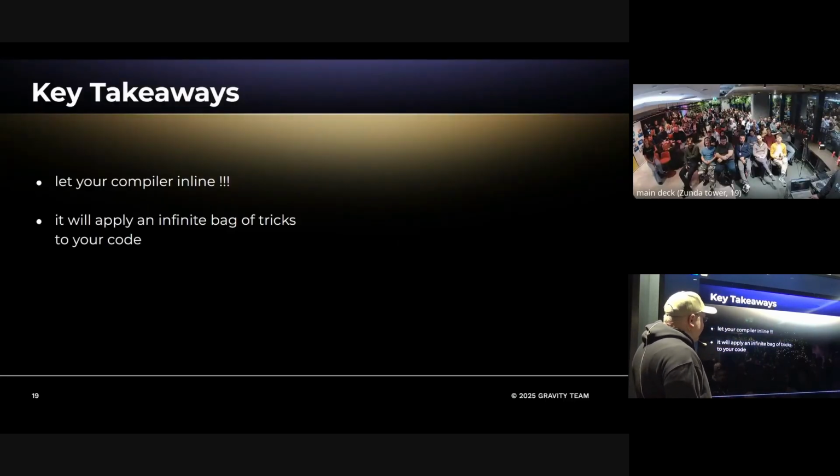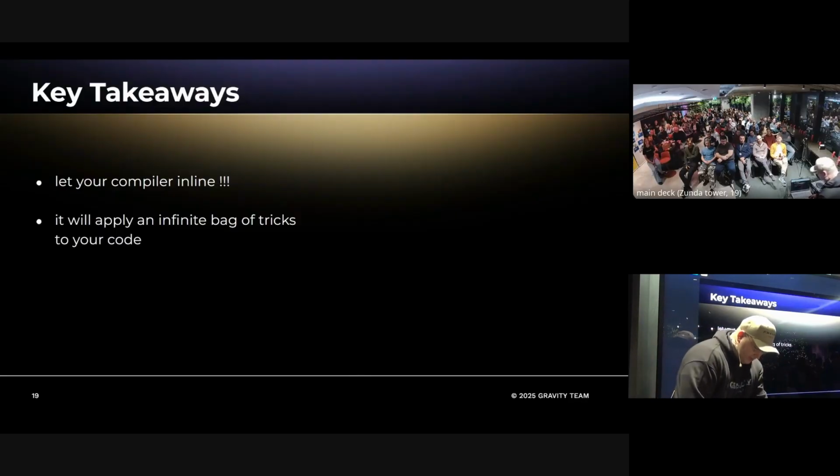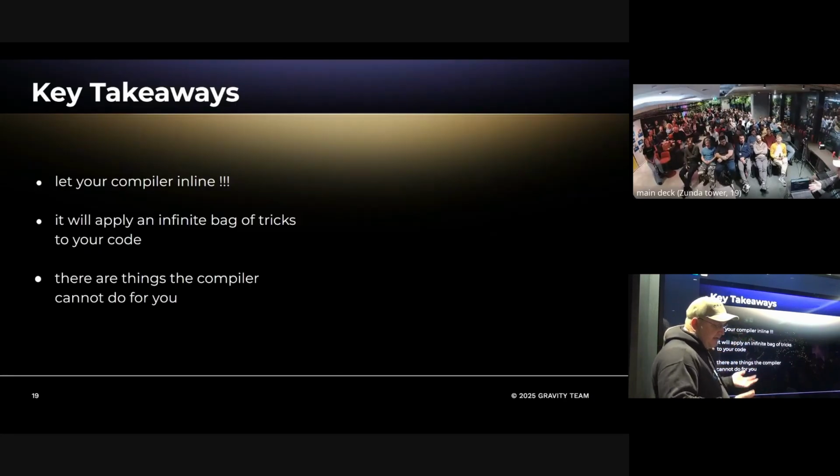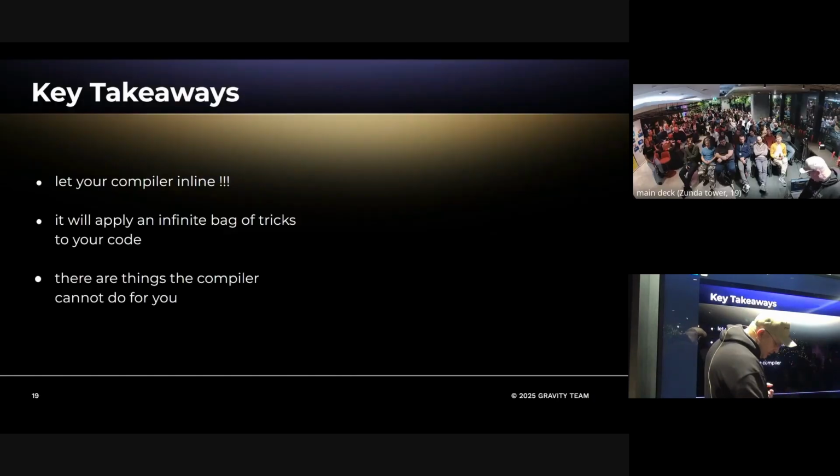Key takeaways: let your compiler inline. If you let it inline enough, it's going to apply an infinite bag of tricks on your code and make it better. Don't forget, there are things the compiler cannot do for you. Remember the cache line trick with the atomics. It's not that the compiler can't detect it. Even if it was able to detect it, it's just not allowed to do this optimization.